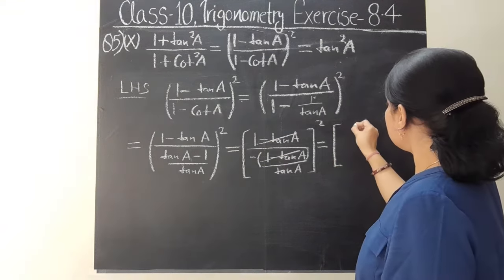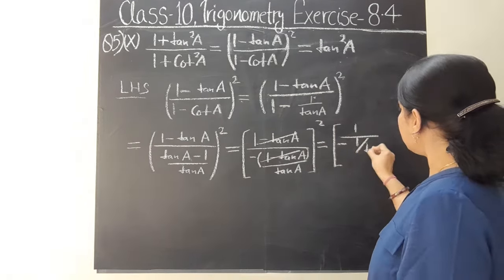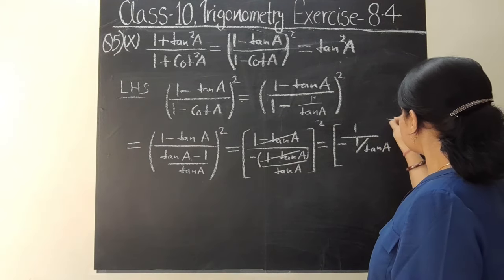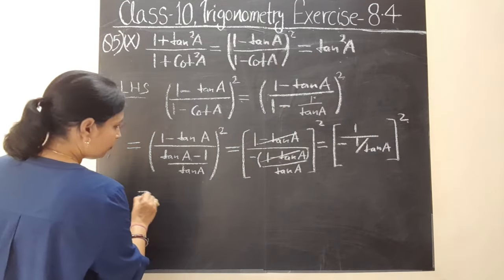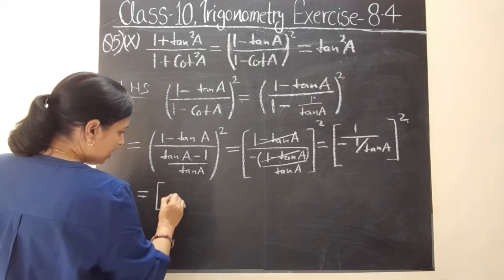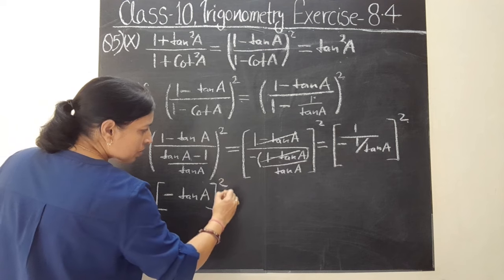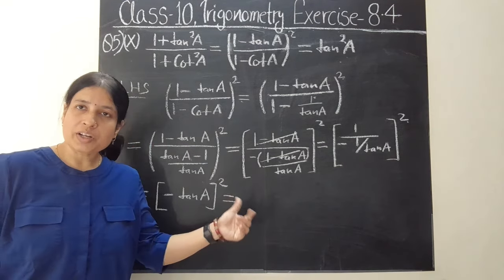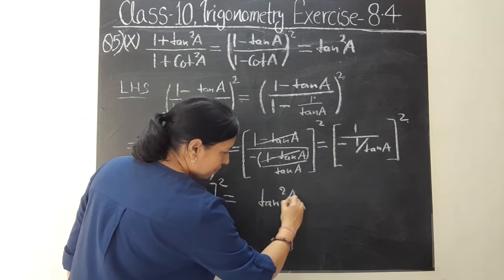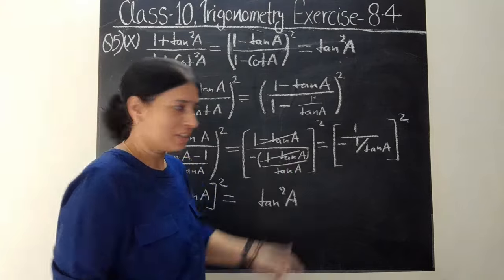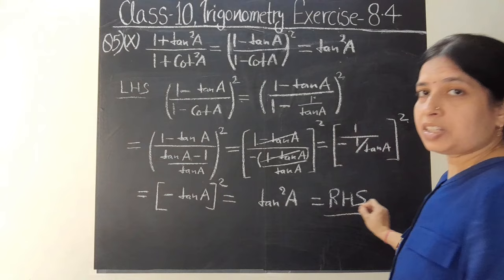So you will get here 1 by minus 1 by tan a whole square. This means you will get here minus tan a whole square. जब माइनस tan a का होल स्क्वायर करेंगे तो क्या आएगा, tan square a. This one is your RHS. So this is proved.